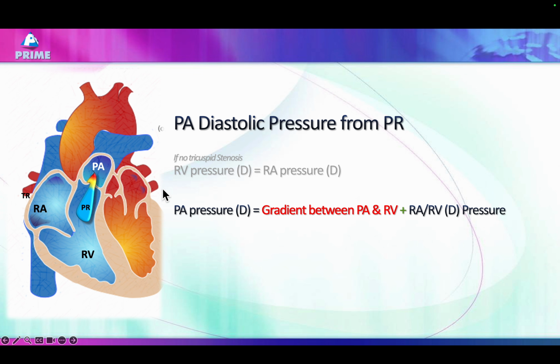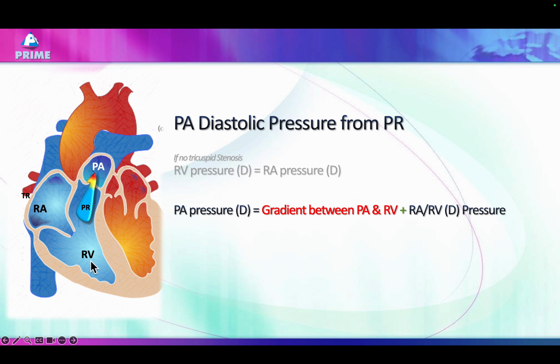So PA diastolic pressure is equivalent to the gradient between the pulmonary artery and RV in diastole. So what is the difference between their pressures? And if we add RV diastolic pressure, which is equivalent to RA diastolic pressure, we can get the PA diastolic pressure.